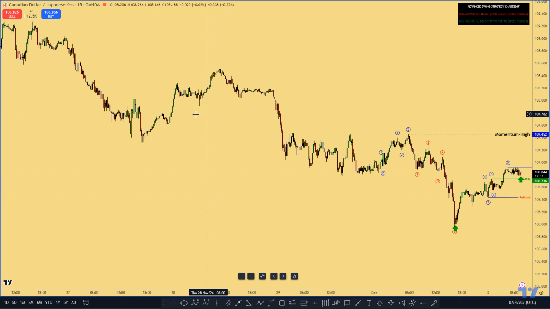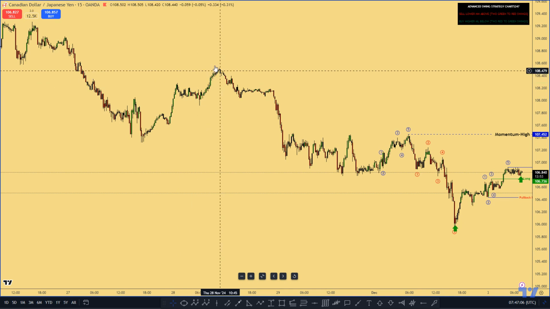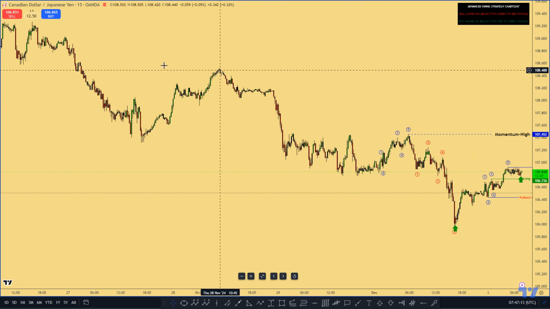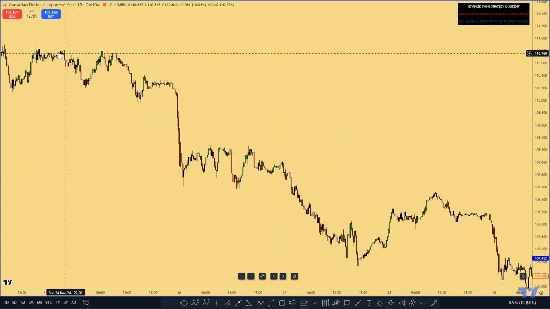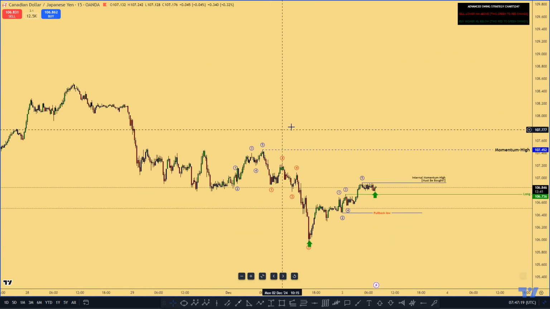Since this wasn't a bullish wave structure, this is just a trend changing pattern. It looks big, even bigger than this, but it is actually a trend changing pattern from this high here. So that is significant.